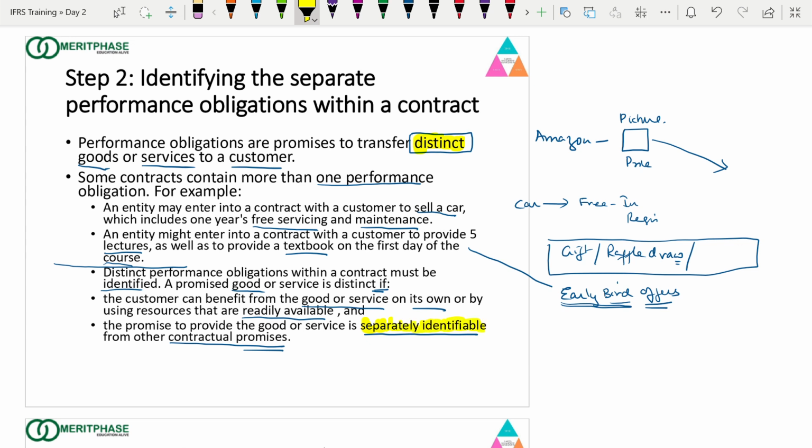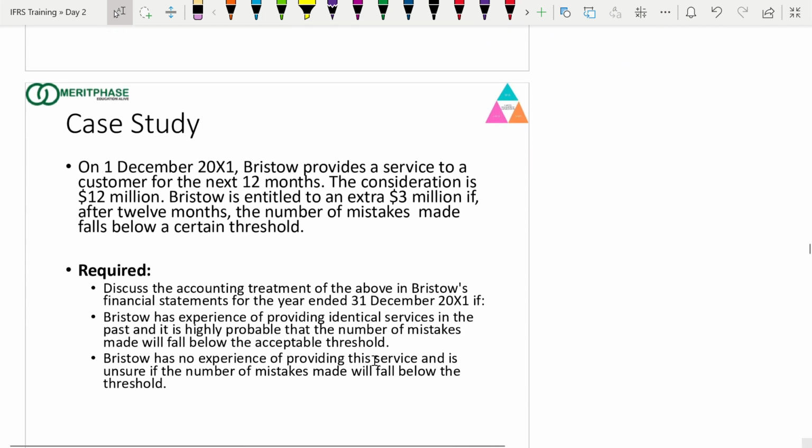If you don't take the product, what will happen? How much is the difference? How much you have to allocate and how much you have to recognize. That is the reason we have to identify the obligations separately within the contract. You cannot mix it or combine it. They gave a small example. Read this one.